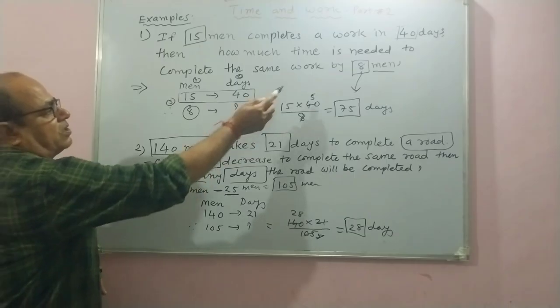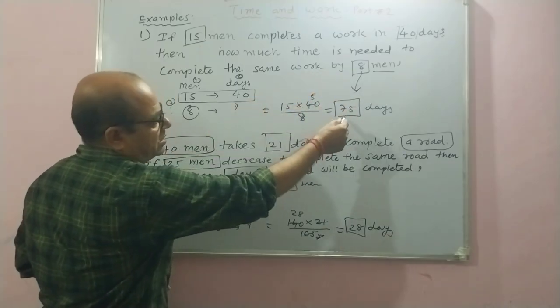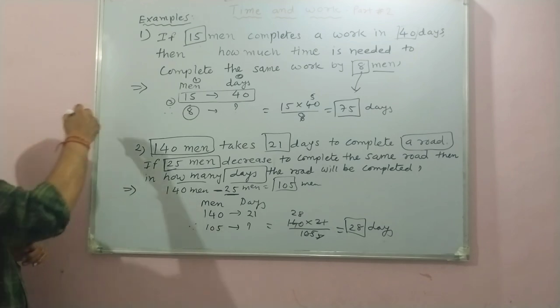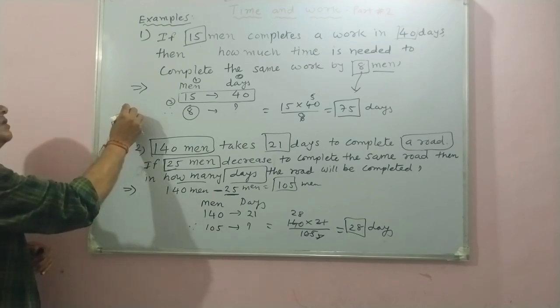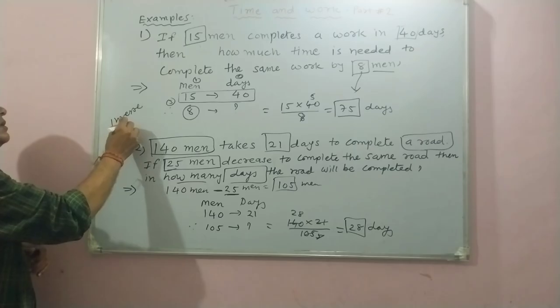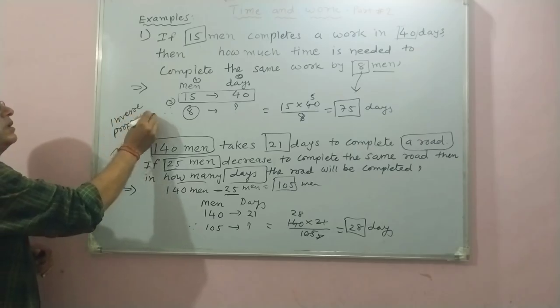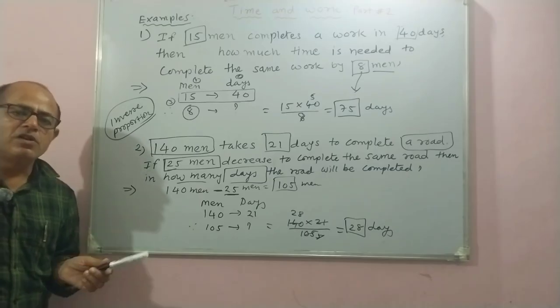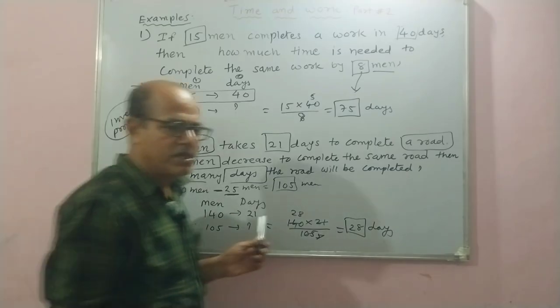Okay, here also men decrease, time increases, right? So in such examples you have to use inverse proportion. Inverse proportion is very important for these sums. Now we will also do some more examples.